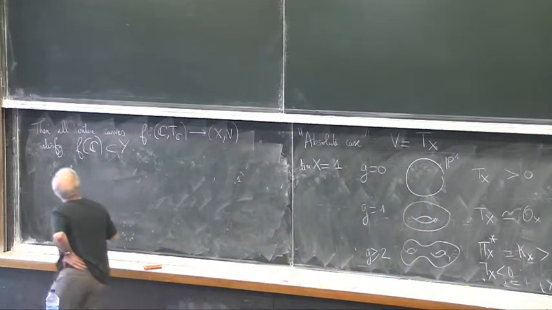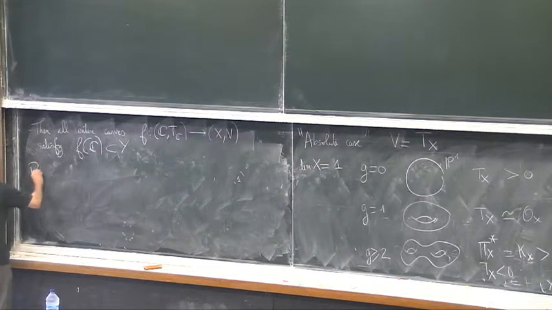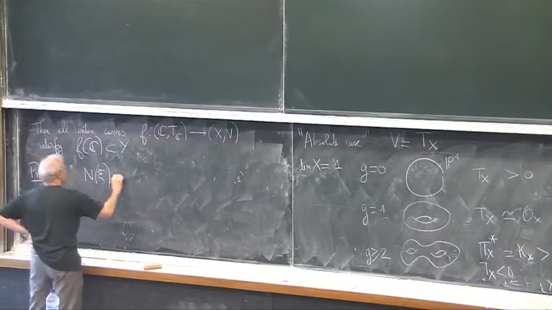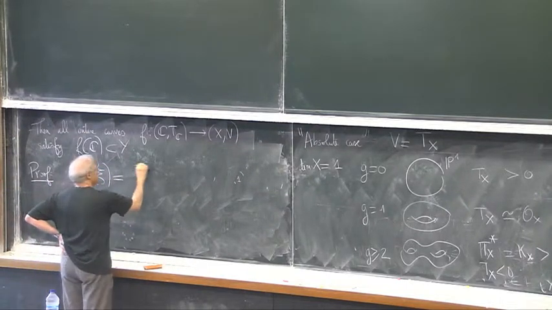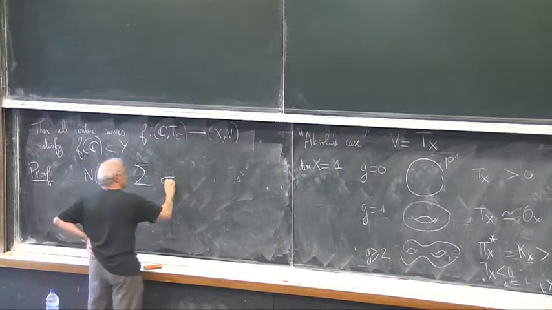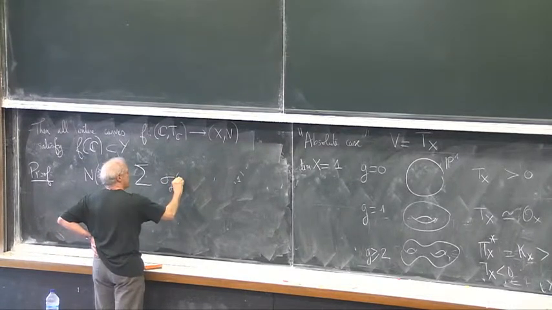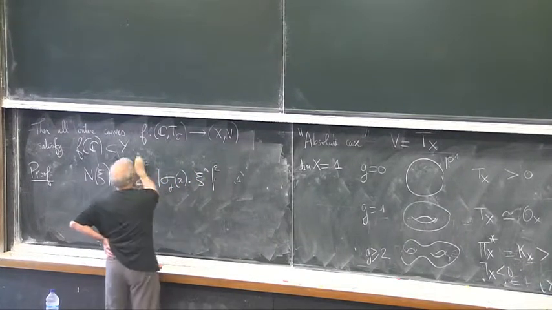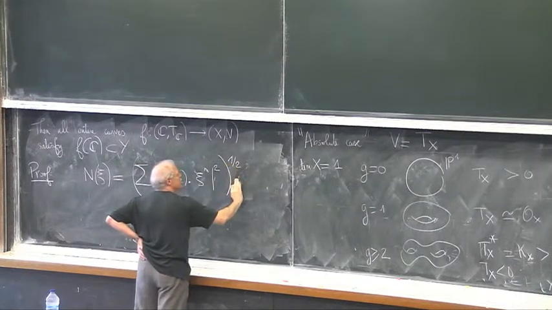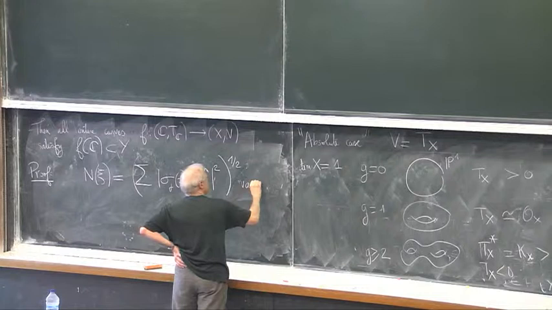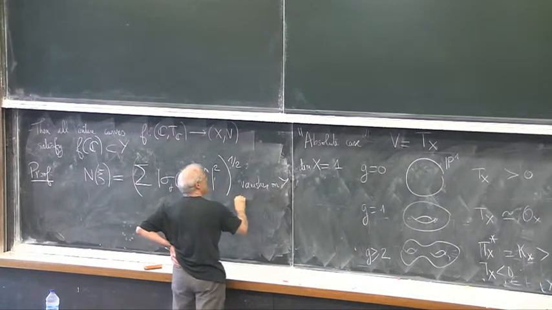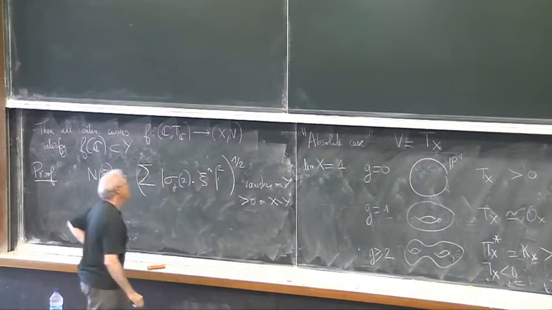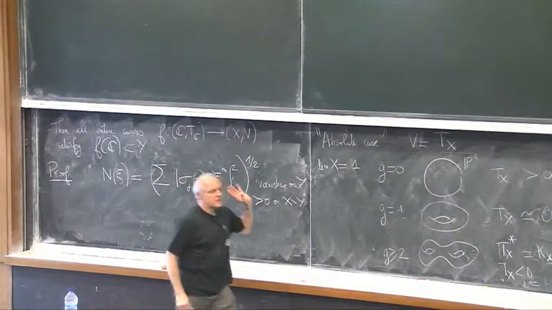So proof. So you again construct this Finsler norm. So you pick sections. But now this vanishes on Y, possibly, and is positive definite on X minus Y. But now it is still strictly plurisubharmonic.